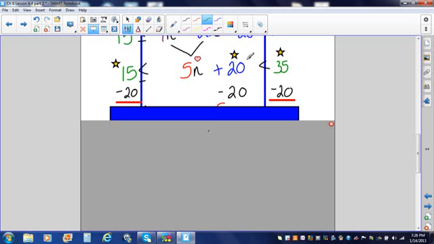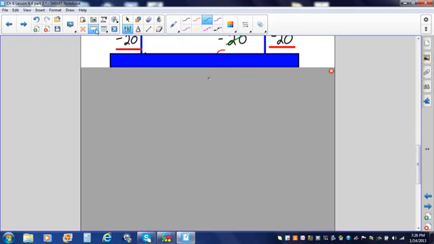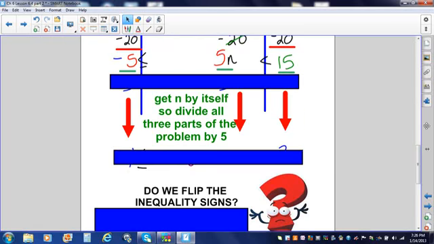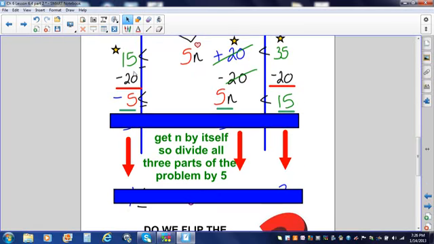These will cancel. And then we are left with 15 minus 20, which is negative 5. Bring down my 5n. 35 minus 20 gives me 15.